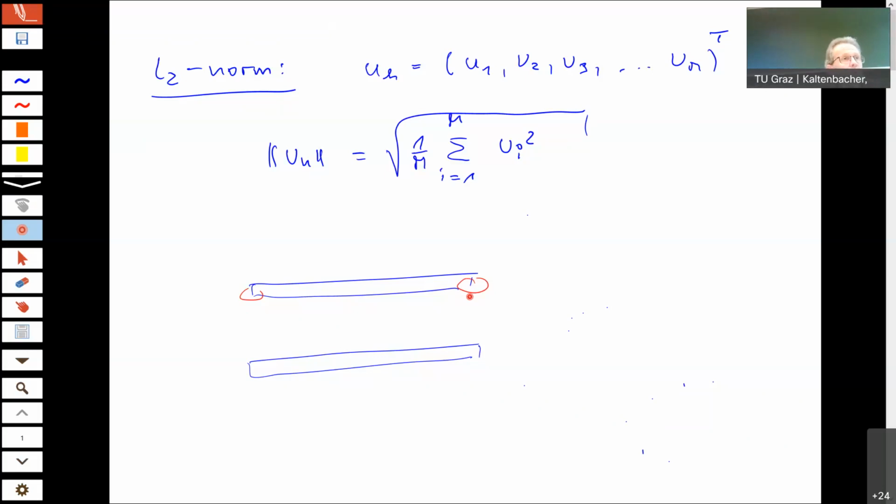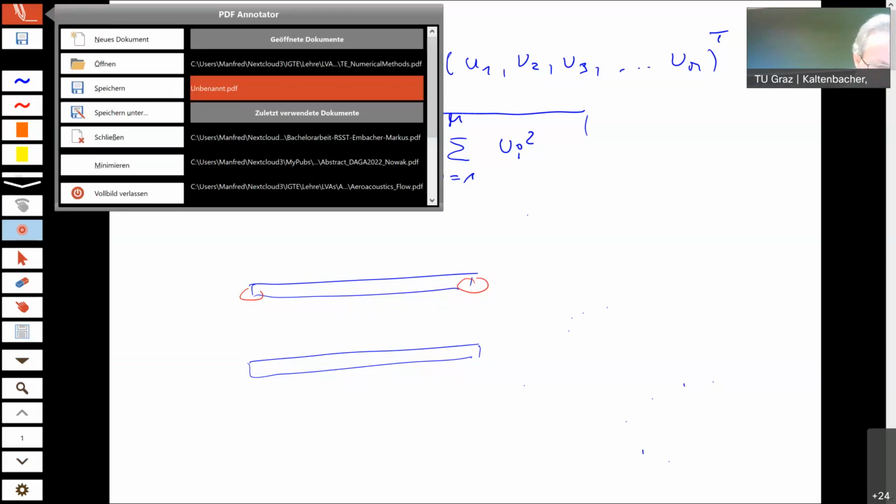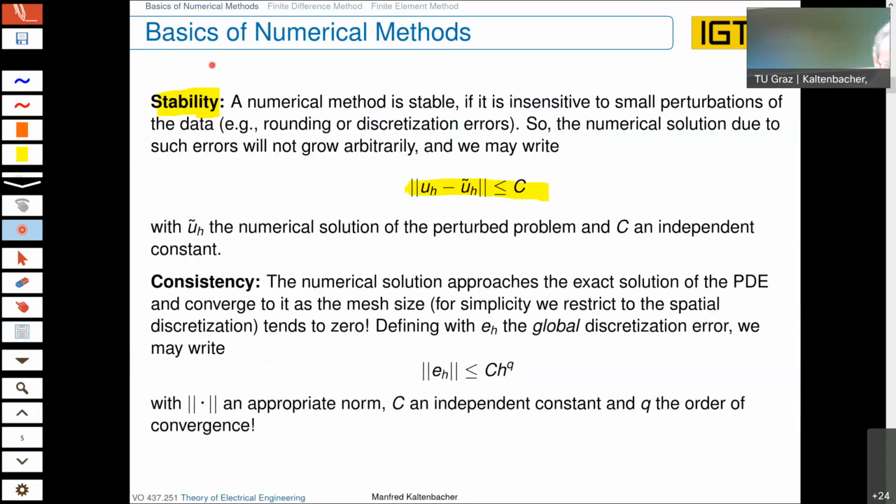But if you look at your electric field, for example, there you will see that you have the largest electric field here, and it increases and increases when you make your mesh finer and finer. Okay, so that's why we very often look at energy values and not only at local physical quantities. Okay, so this is stability.